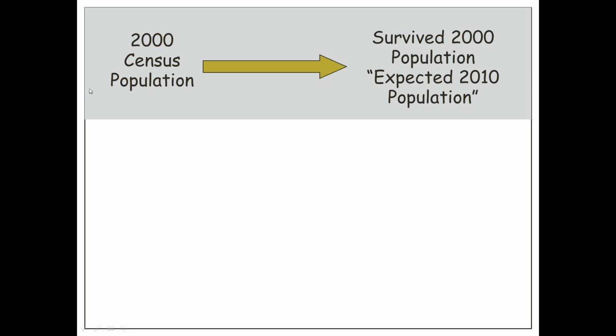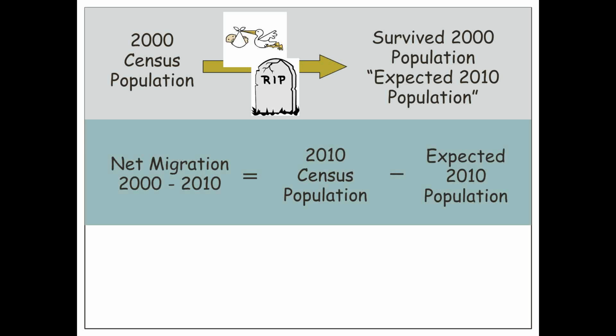So we take the population at Census 2000, shown here, and we age those persons forward in time 10 years. We subtract out deaths and we add in births, and those births and deaths data are records that were provided by the National Center for Health Statistics. Through this process, we generate an estimate of the expected population at Census 2010. This is, in other words, what the population would have been in 2010 absent any net migration.